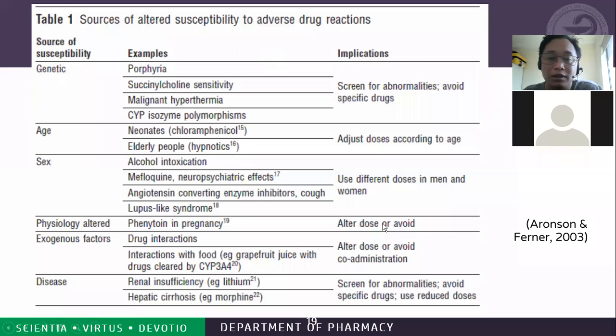There is genetic, for example porphyria, succinylcholine sensitivity, malignant hyperthermia, CYP isoenzyme polymorphism, and so on.